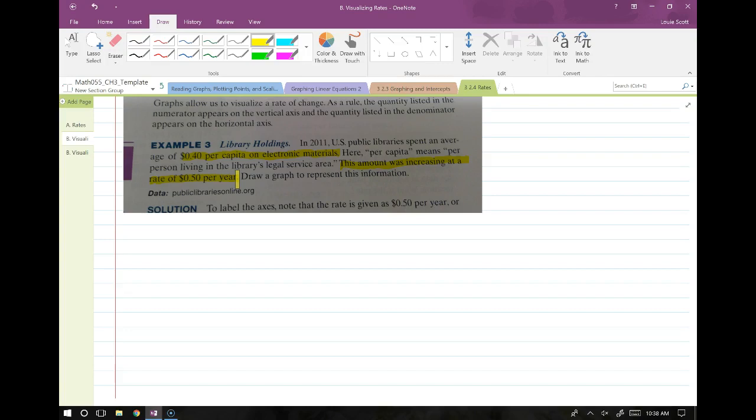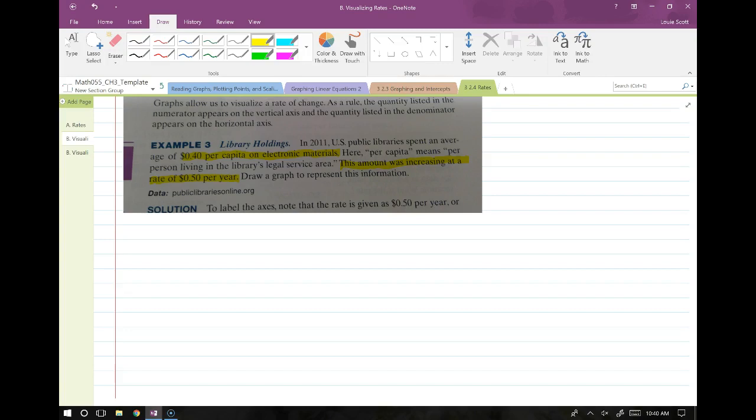All right, so they're asking us to draw a graph to represent this information. First thing, let me figure out what they're asking us to graph, because they give a couple of different rates here. The first rate is 40 cents per capita on electric materials. The second rate is 50 cents per year. That's what the amount is increasing.